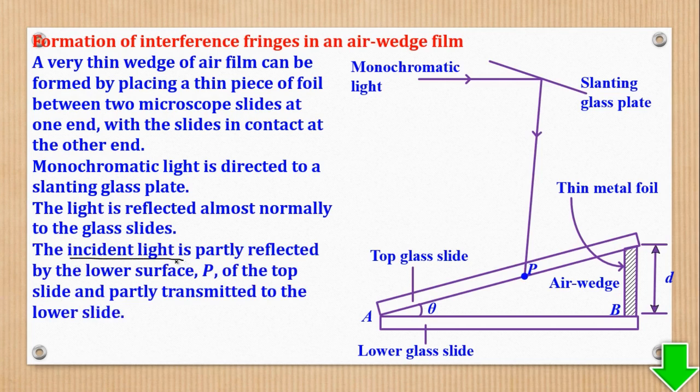Then the incident light is partly reflected by the lower surface P of the top slide and partly transmitted to the lower slide. So here one will be reflected, another one will be transmitted to this lower slide. Let's do that. So one, there is that will be the reflected part and to be observed by an observer at that position. Another part will be transmitted to the lower slide at point 2.